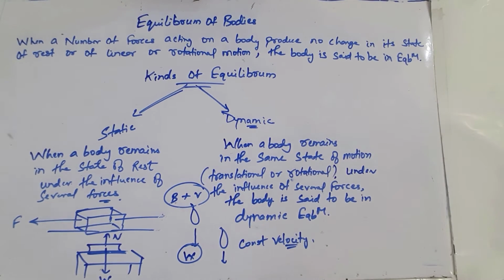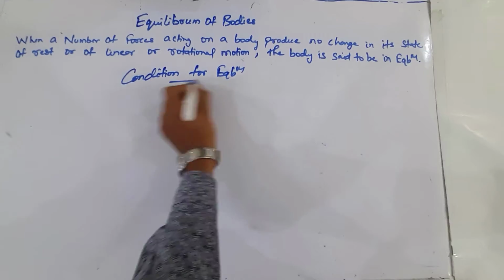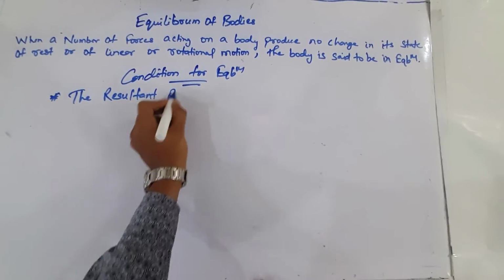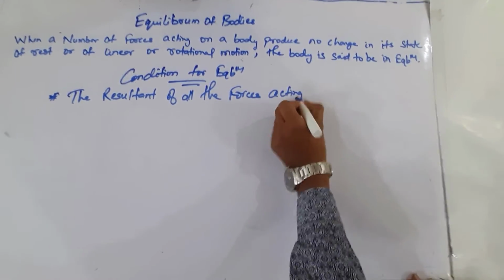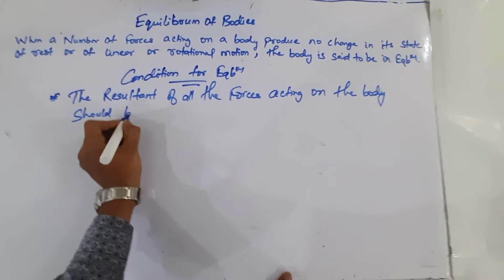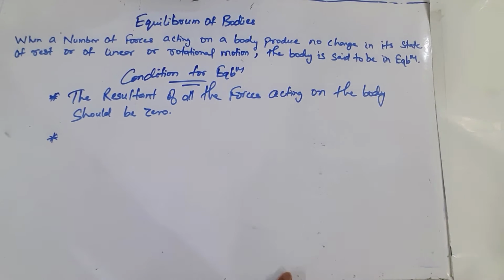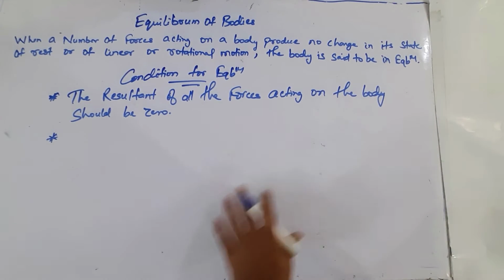Now we will learn about the conditions for equilibrium. The first condition for equilibrium is that the resultant of all forces acting on the body should be 0.